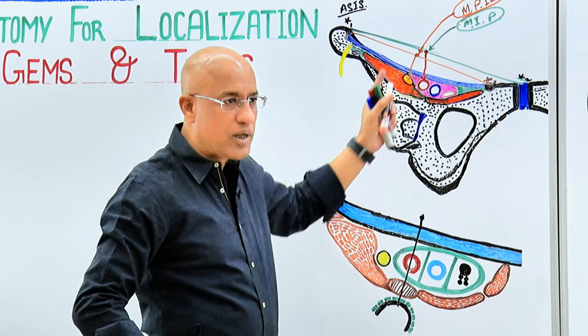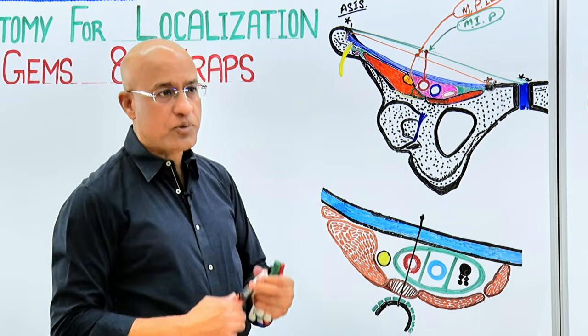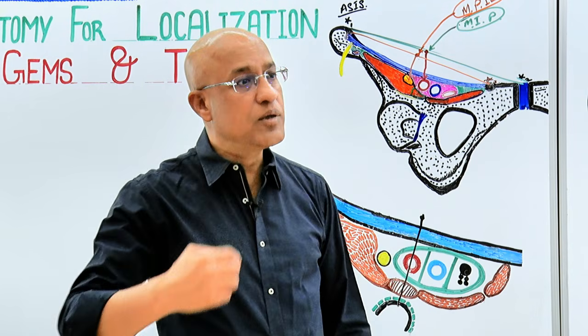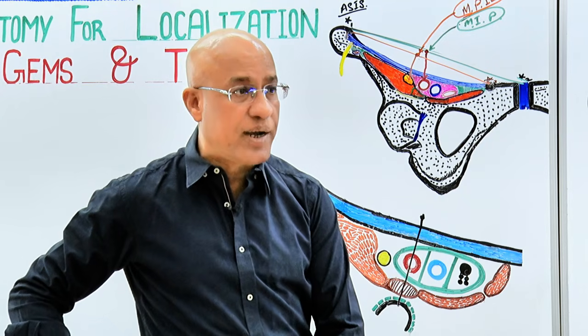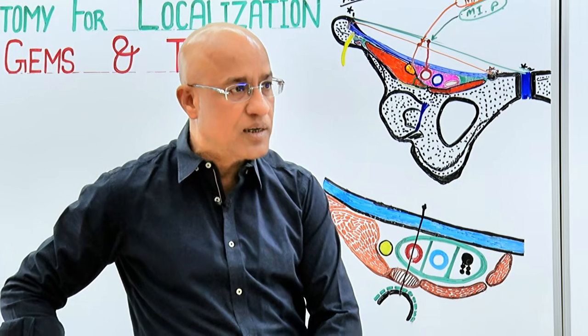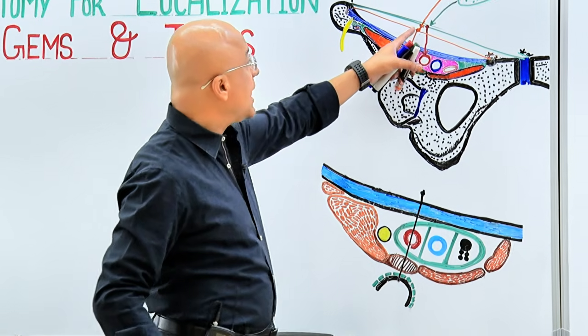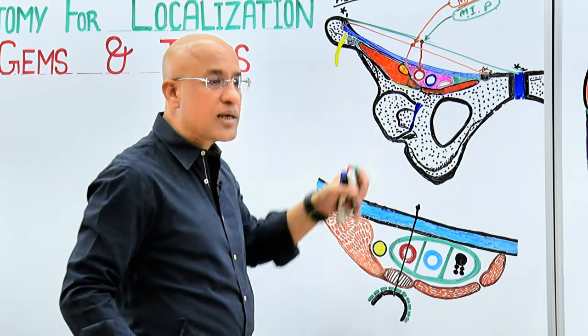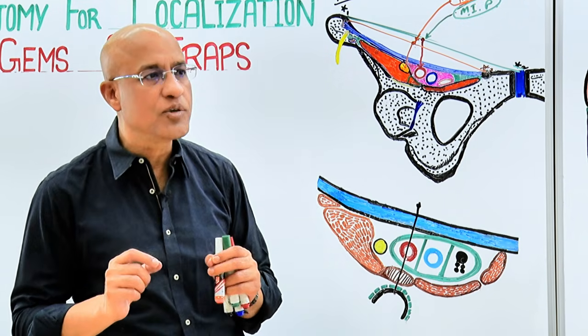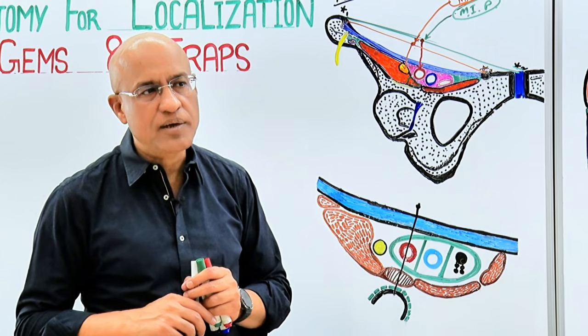But unfortunately, if you forget and you just find the point between the anterior superior iliac spine and the pubic tubercle, which is off center, and put your needle there, the less sad thing is you will not get arterial blood.